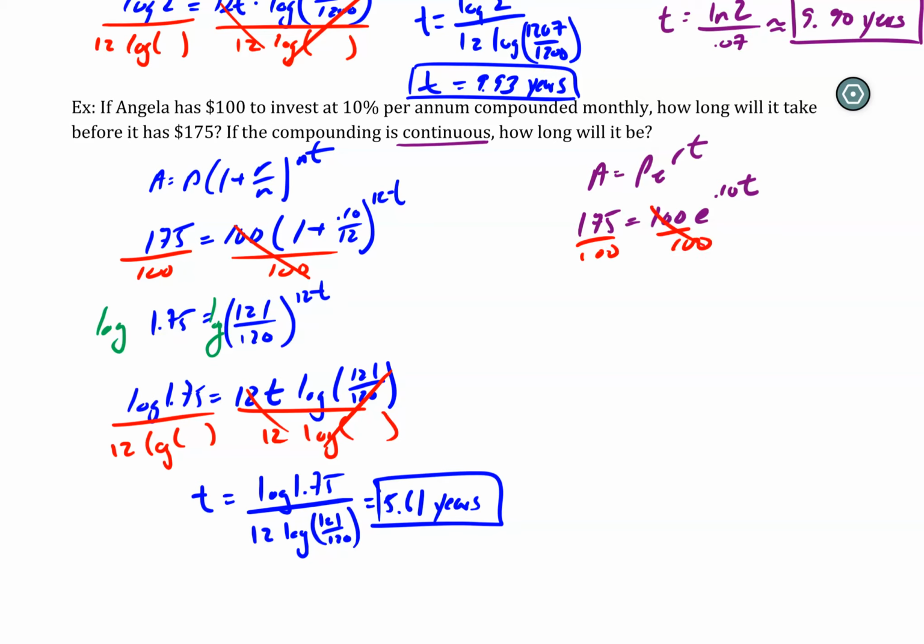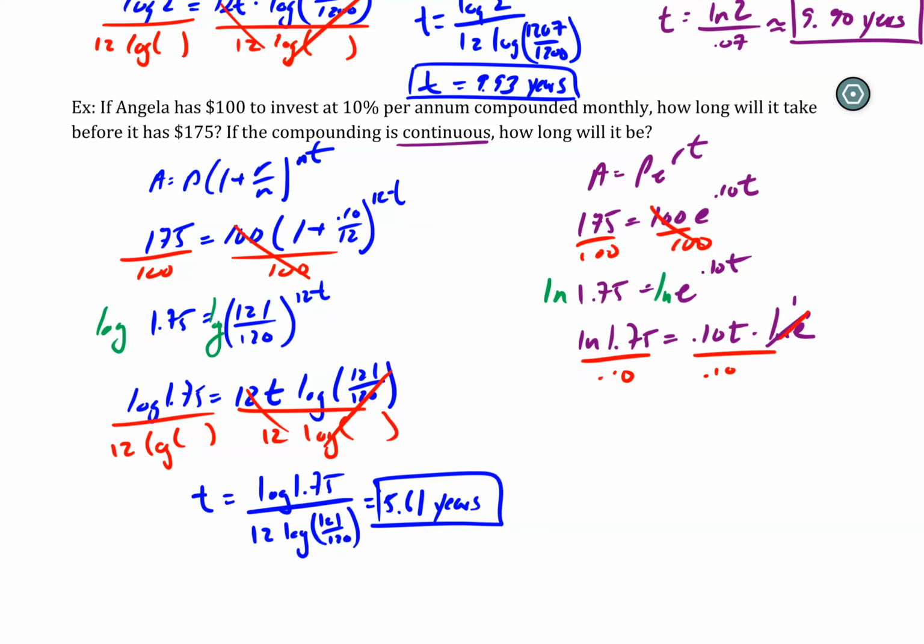So I get that 1.75 is equal to e to the 0.10t. Again, now I take the natural log of both sides, since I have to deal with e. So natural log of 1.75 is equal to 0.10t times the natural log of e, which just cancels out to be just 1. So I can now divide by 0.10.